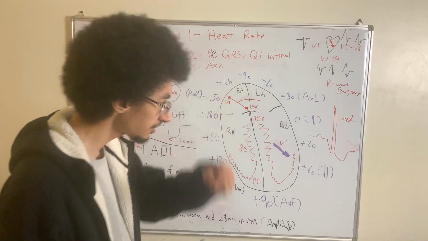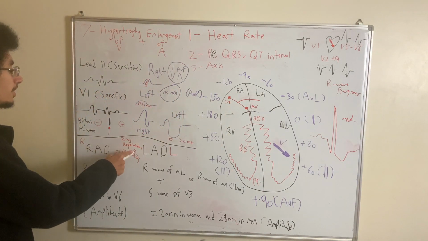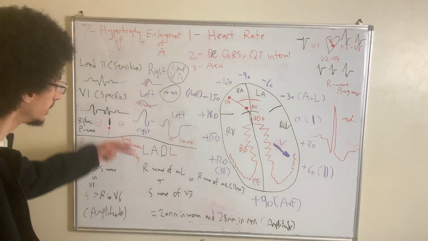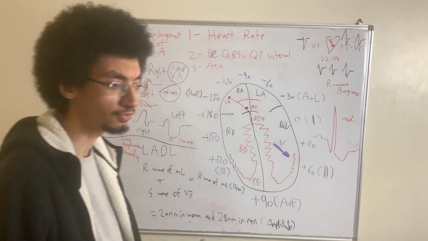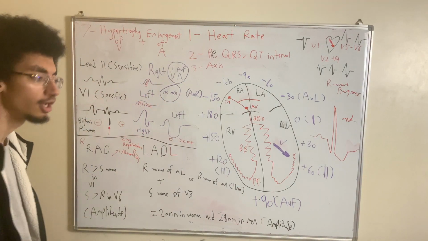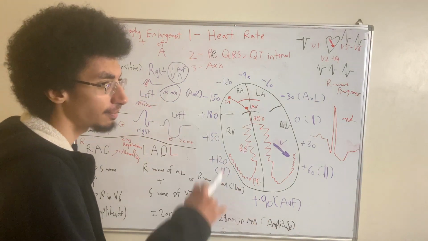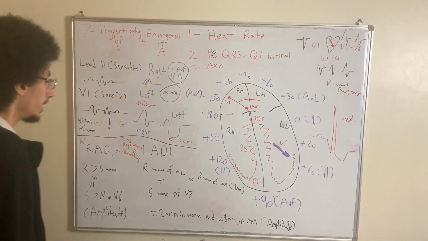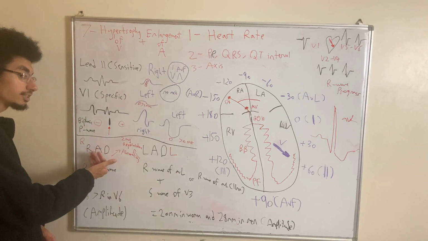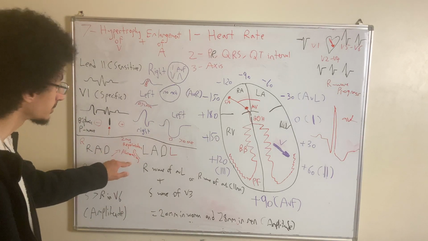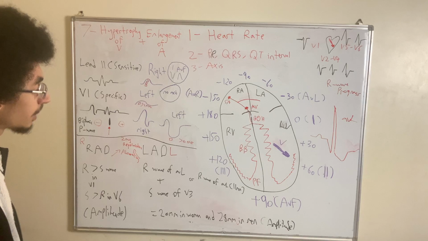So that's the idea behind secondary repolarization abnormality. It is a repolarization abnormality secondary to left ventricular hypertrophy. And we will see this in other causes. Bundle branch block, for example. And it's the same. You'll see this in left ventricular hypertrophy as well as right ventricular hypertrophy, which is the secondary repolarization abnormality.